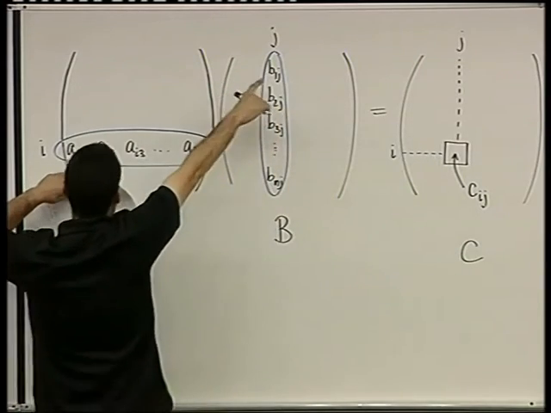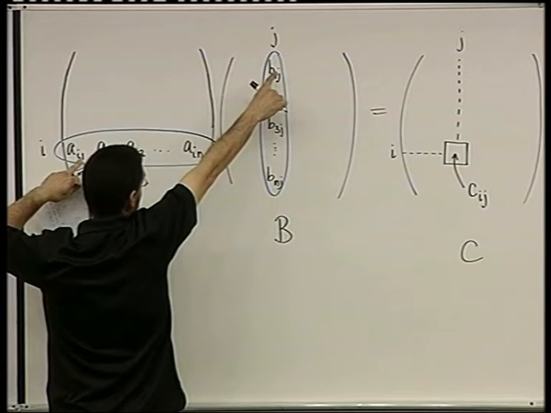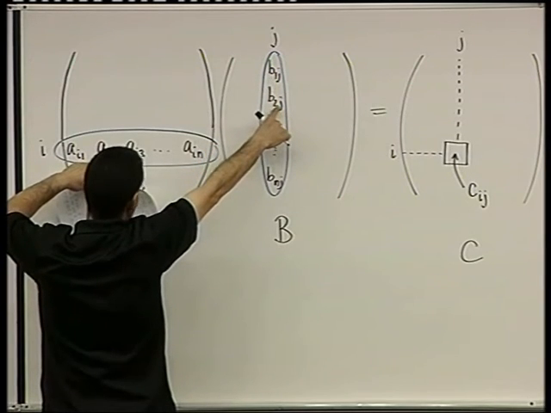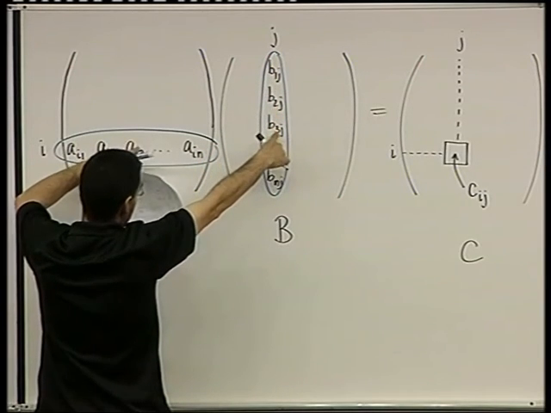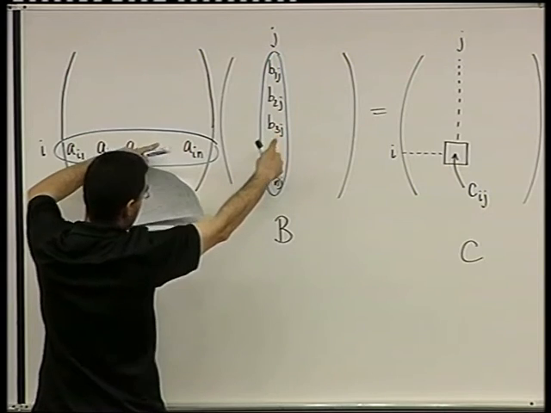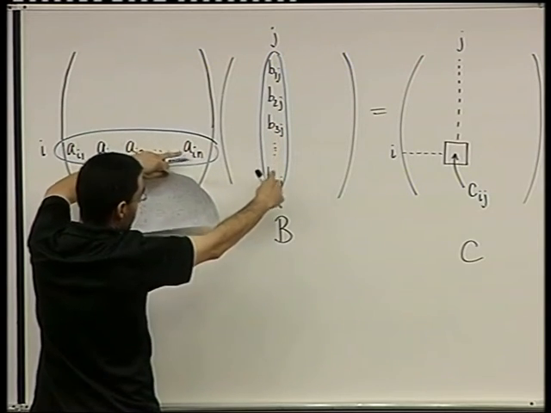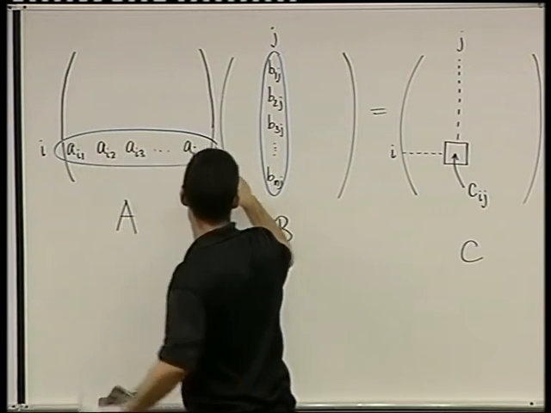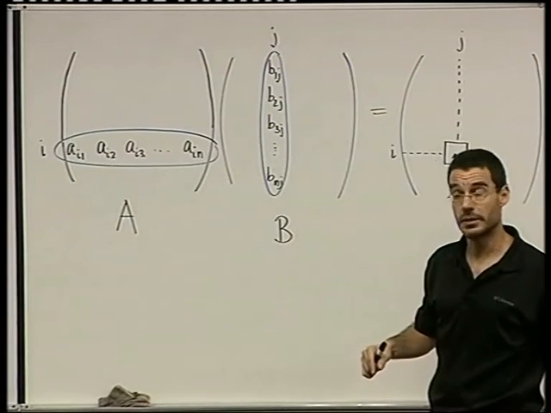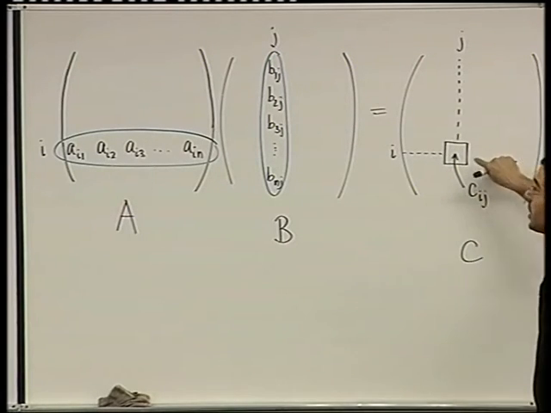And we do a_i1 times b_1j, plus a_i2 times b_2j, plus a_i3 times b_3j, plus a_i4 times b_4j, dot, dot, dot, all the way up to a_in times b_nj. That's how we get the ijth element sitting here, okay?